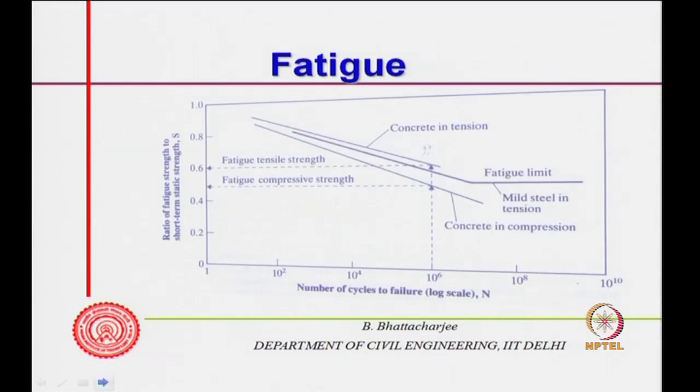If you look at this diagram, on this axis the number of cycles is drawn in log scale, because 10 to the power 2 etcetera, and the ratio of the fatigue strength to short term static strength.